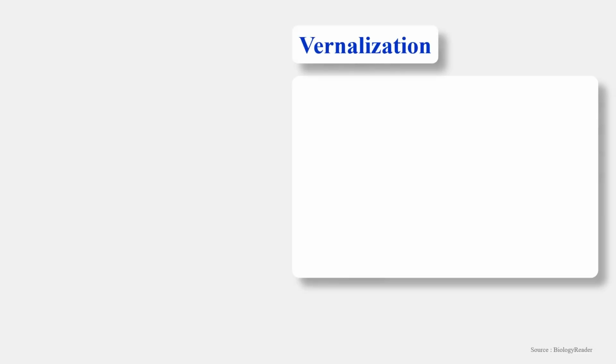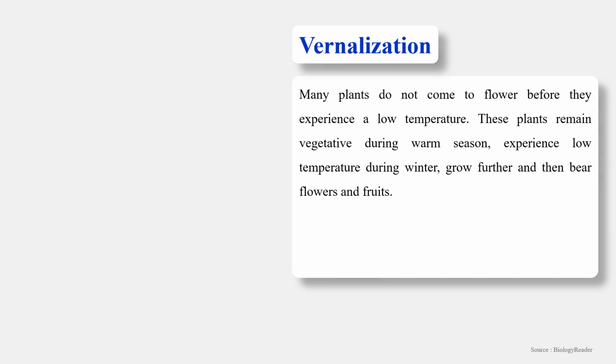Okay. Next term which is related to this plant hormone topic is vernalization. What is vernalization? As you know, many plants do not come to flower before they experience a low temperature, meaning they require low temperature for flowering.